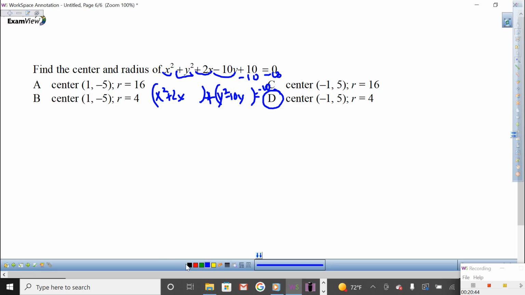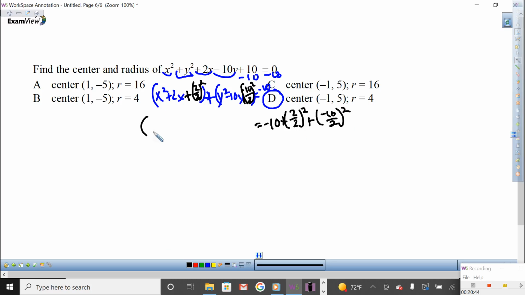Okay, next, how do we complete the square here? We do 2 over 2 squared, and here negative 10 over 2 squared, and we do that to both sides. So on this side we have negative 10, 2 over 2 squared, and negative 10 over 2 squared.